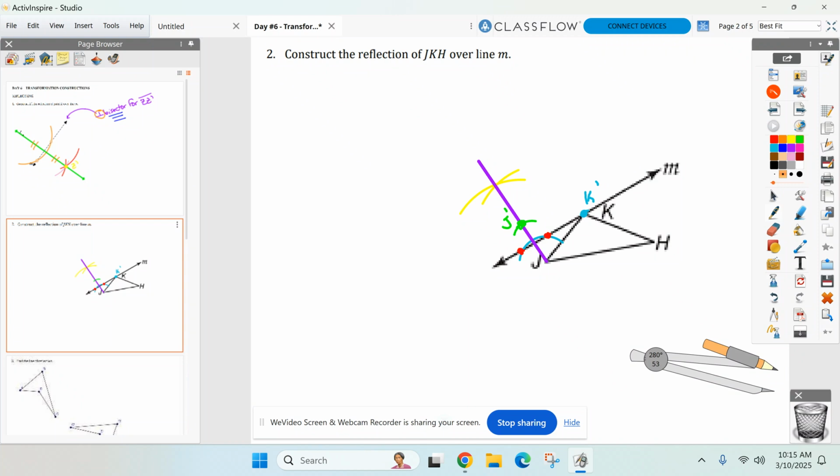Okay, how do you know that line's going to be perpendicular to M? Because remember, it's got to be a perpendicular bisector. How are you guaranteeing me that that line is perpendicular to M? It's not enough, Connor, that the distances match. It's got to be perpendicular distance. Okay?